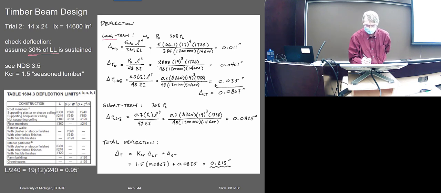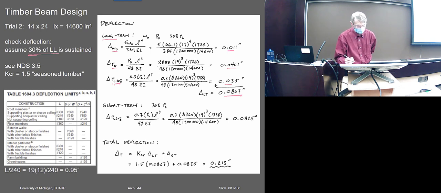So we take certainly the dead load portion of it as long term, and the dead load portion of the point load, and then 30% of the live load. So these are all the dead load plus the 30% of the live load, and I calculate those deflections, add them up, and that gets the long-term creep factor.